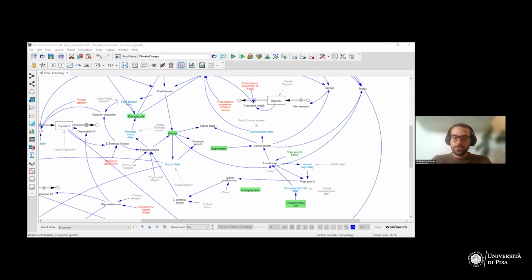So we have a labor force, which is the number of people at the working age and participating in the labor market. So either these people are employed or actively searching for a job. And this labor force depends also on the demographic part of the model.